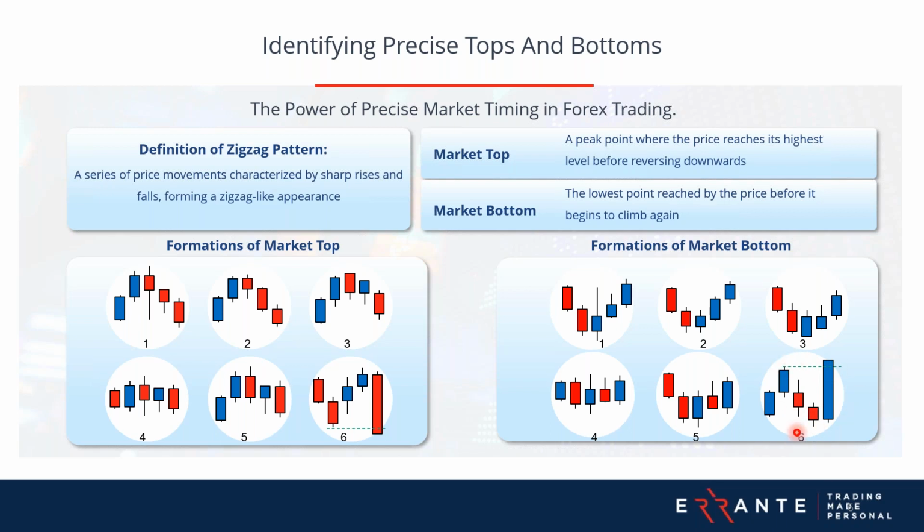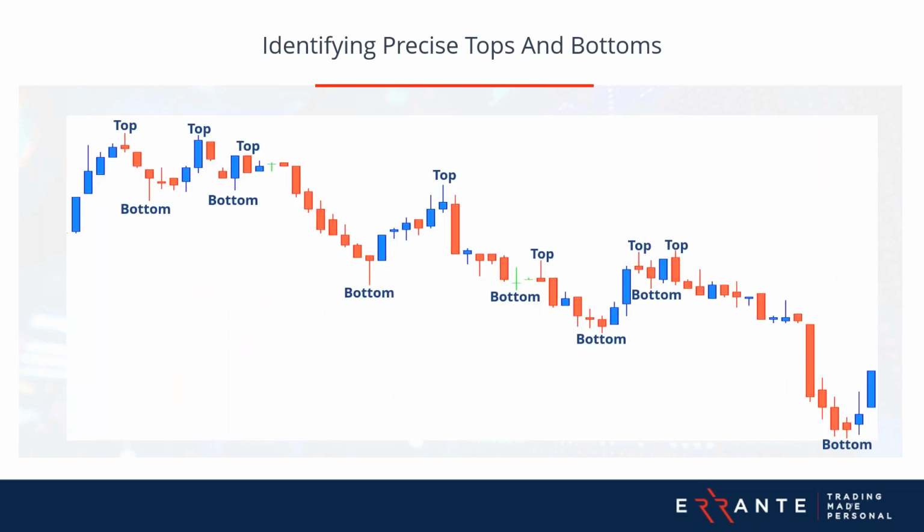So in this scenario, we don't need to wait for 2 candles in the aftermath of identifying our market bottom. So it can be very helpful when it comes to understanding the tops and bottoms.